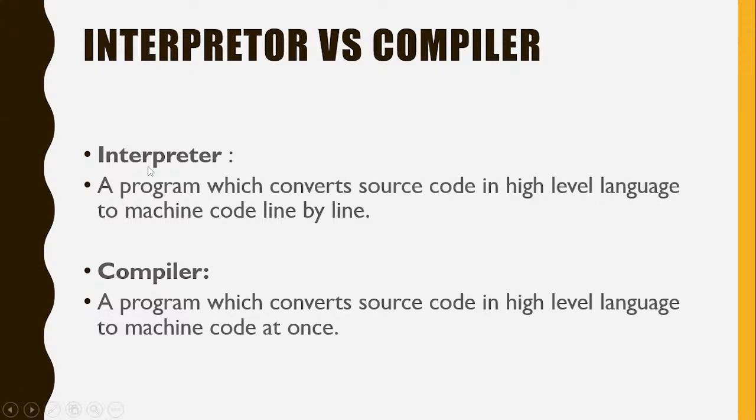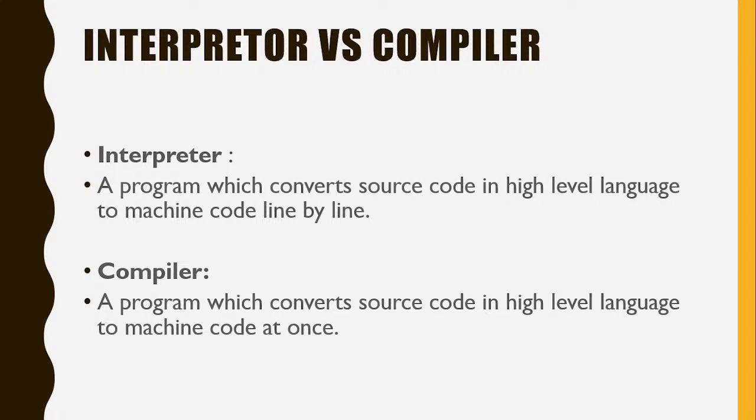Machine language is that language which is easily understandable by a computer. And interpreter and compiler both do the same work.